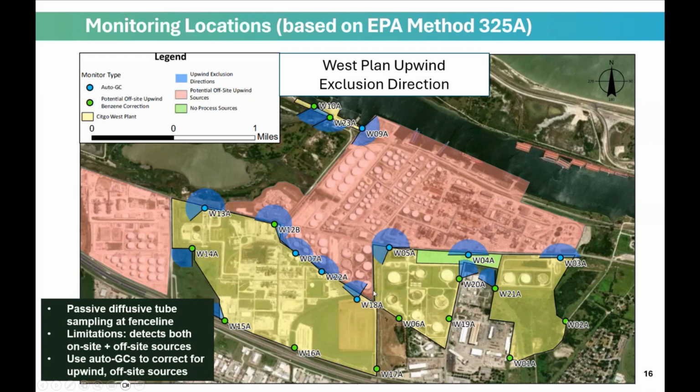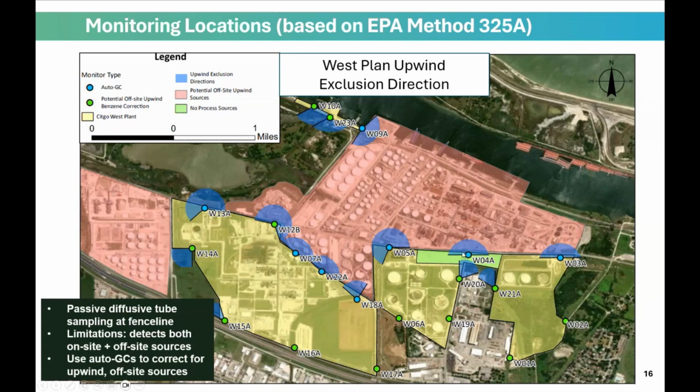Now, the blue dots on this map signify where the gas chromatographs were co-located with these passive sampler tubes. So from this initial map, CITGO would add or relocate auto GCs to monitor different locations where they found unusual benzene concentrations or upwind, or where wind patterns were recorded to be pulling off-site benzene onto their facility.